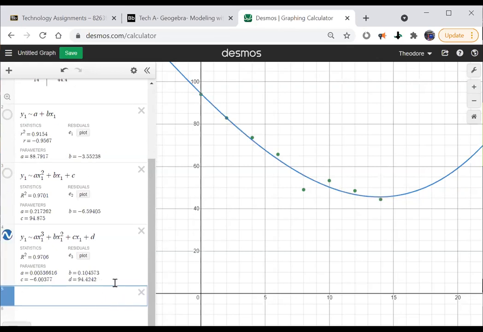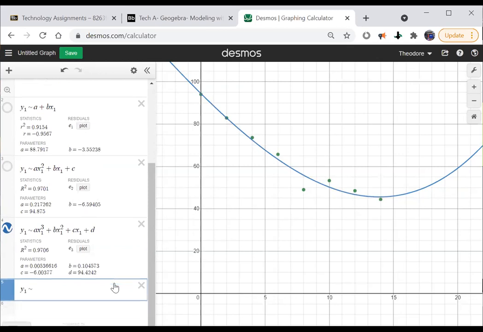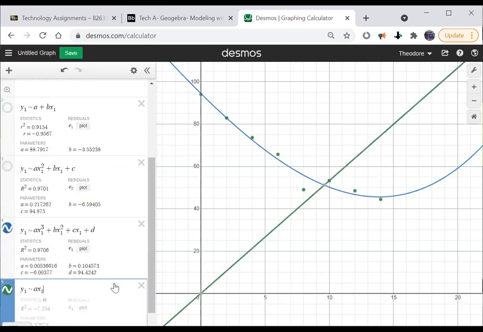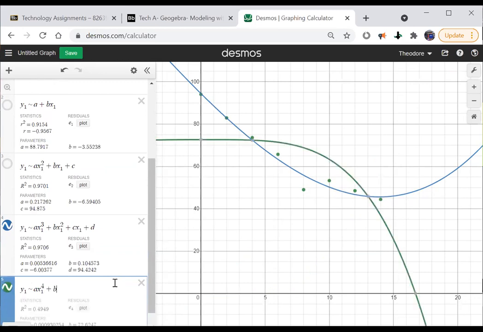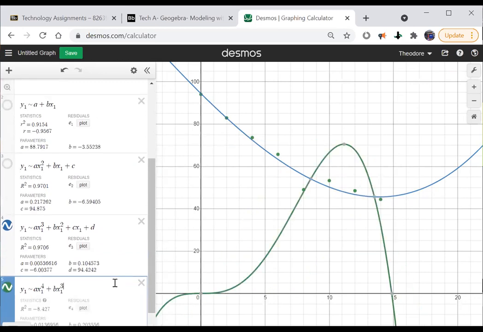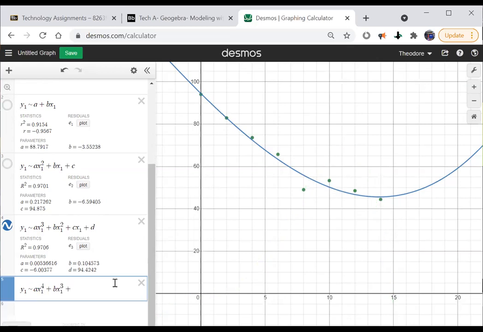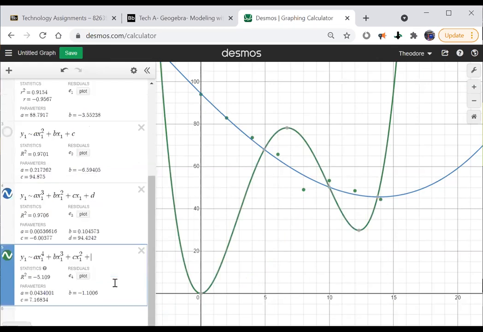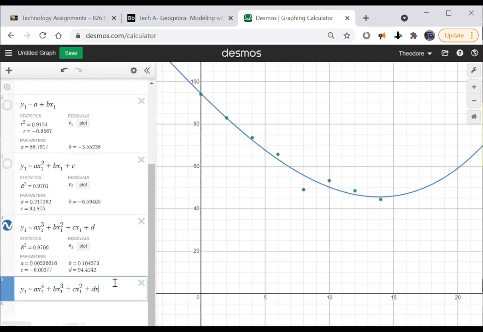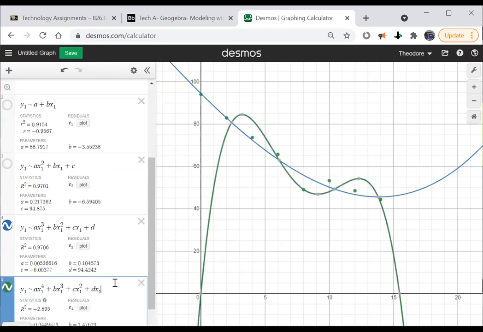So now y1 tilde ax1 to the fourth power plus bx1 to the third power plus cx1 to the second power plus dx1 to the first power.